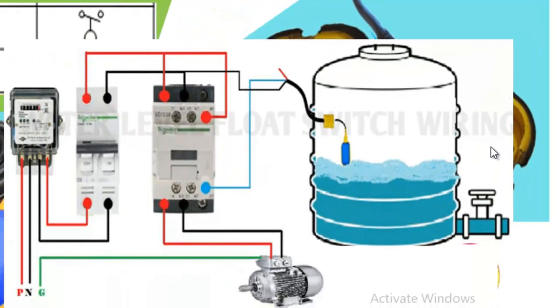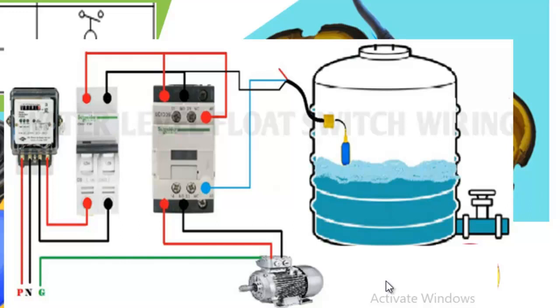So this is how it is connected physically. You see the float switch in the tank, and it is installed to help us maintain a definite level of liquid in that particular tank. With this kind of arrangement, the liquid in the tank will not fall below that level.